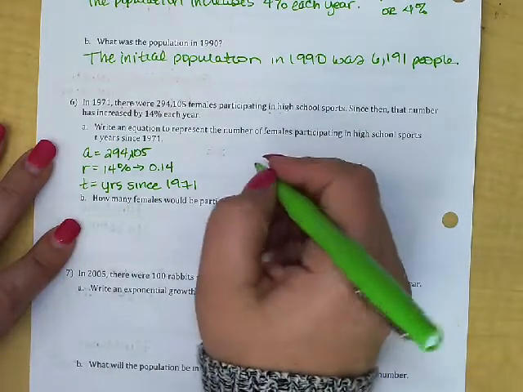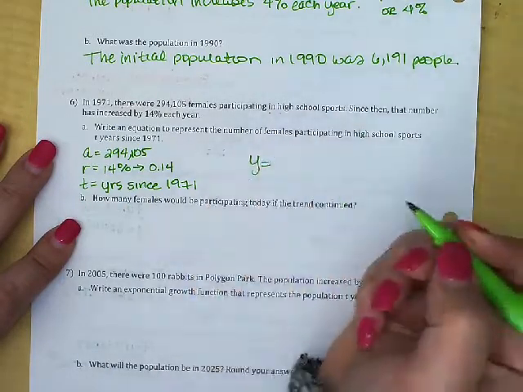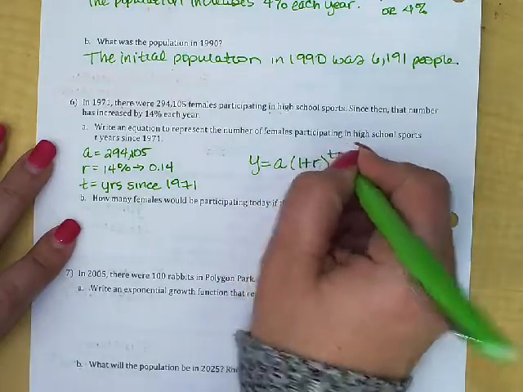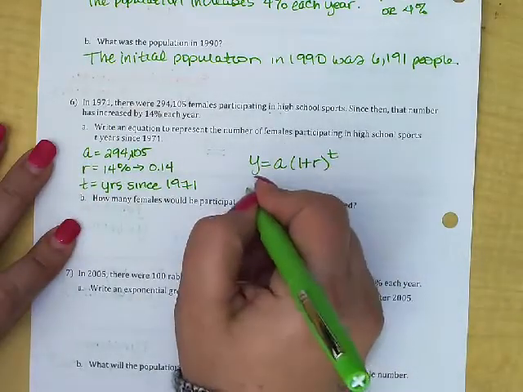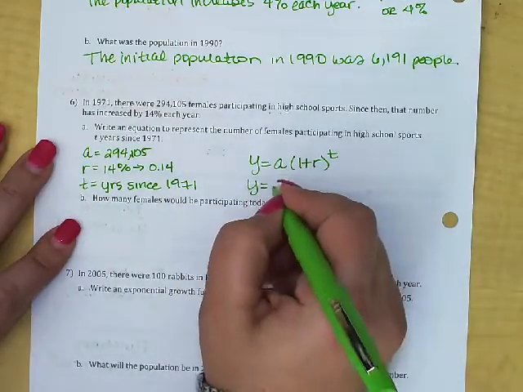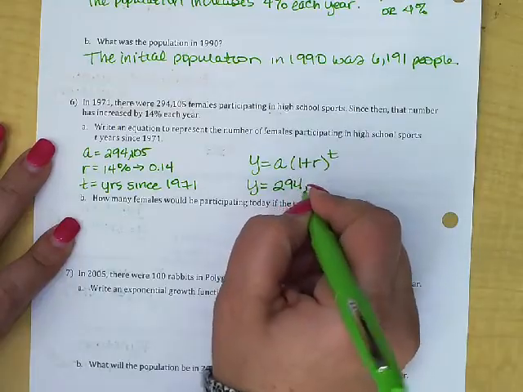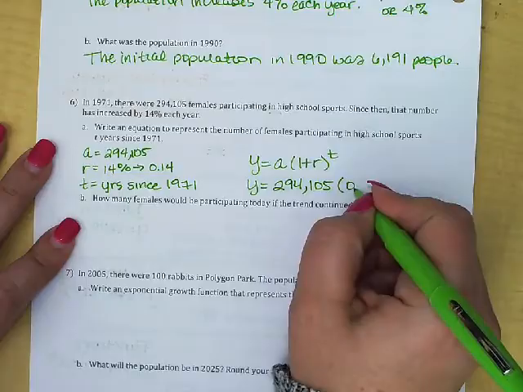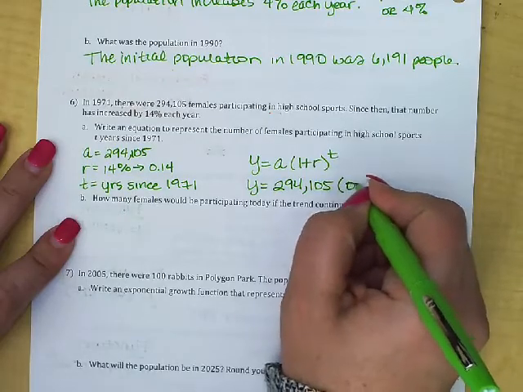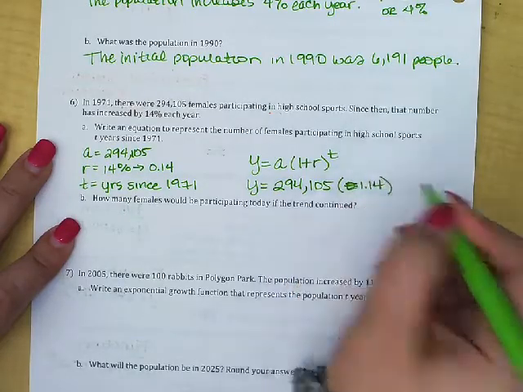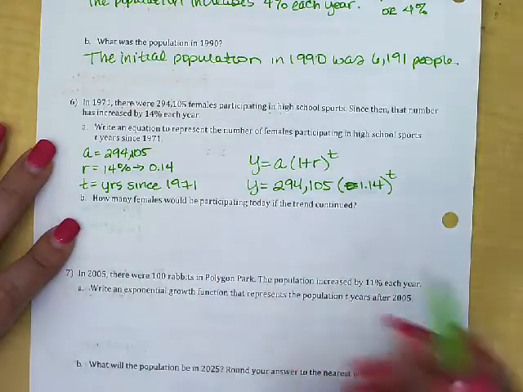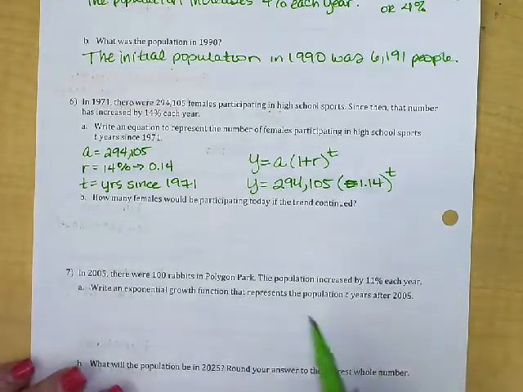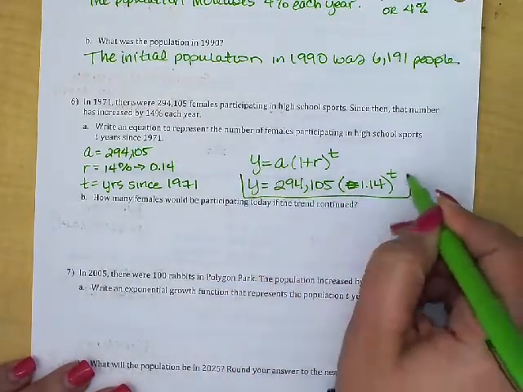Okay, so if I write this function, it's going to be y equals a, parentheses 1 plus r, to the t, and then we'll modify that to our situation. Our initial is 294,105, and then 1 plus that decimal is just 1.14. And then to the t power, where t is the number of years since 1971. So that would be our function right there for part A.